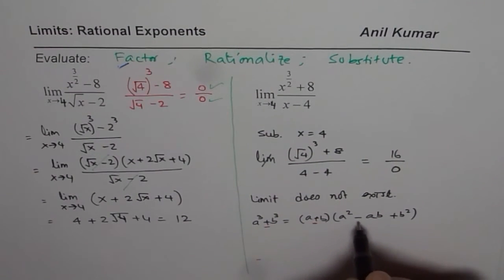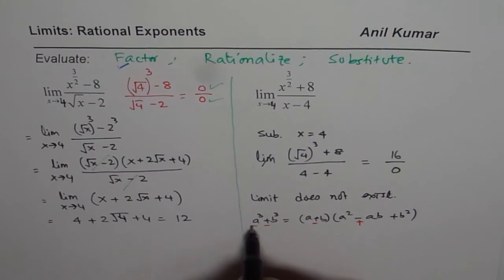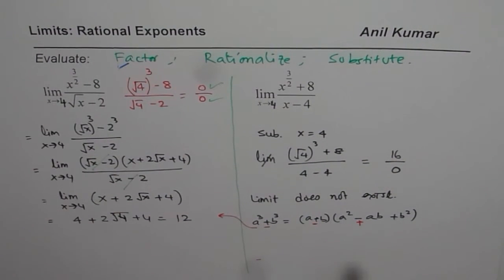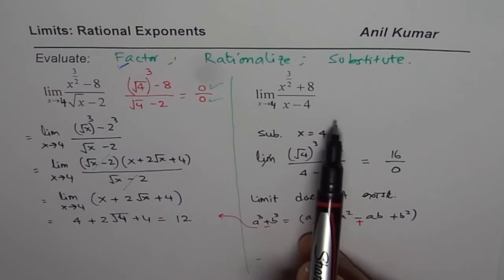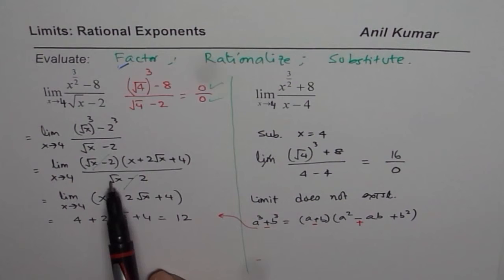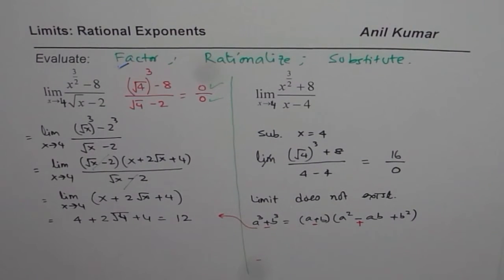In that case, this is minus and this is plus. When you use this formula, you'll find that one of the terms does get cancelled, but those are with square root of x plus 2, not with the one with minus 2, and therefore you get an undefined limit. So the limit does not exist for the function on the right.